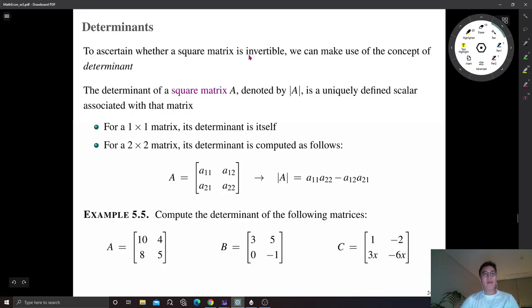So once again, we can tell whether a square matrix is invertible or not using the determinant.